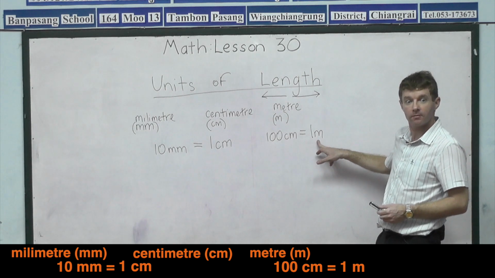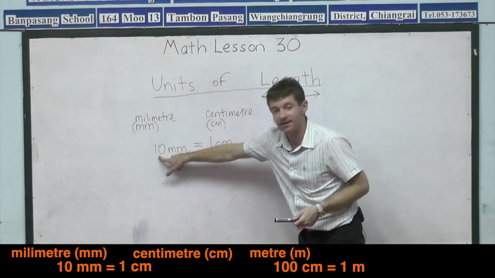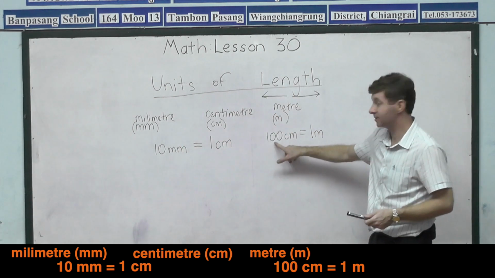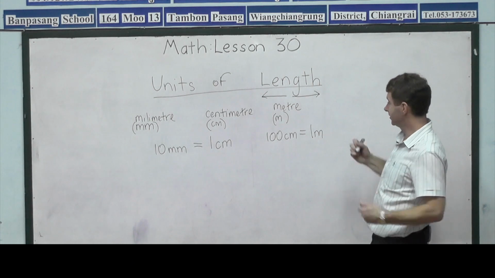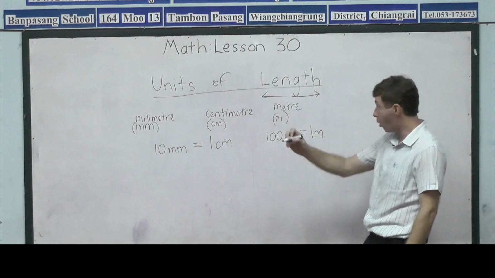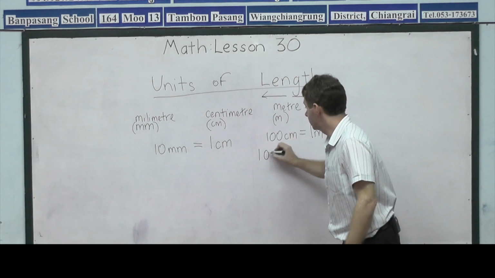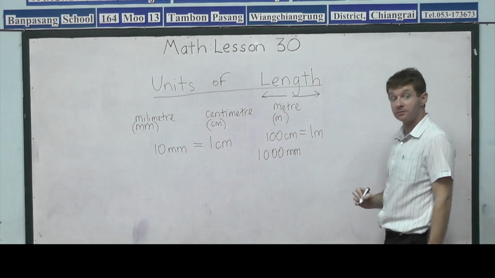What do we need to do? Excellent. We need to do 10 times 100. So 100 centimeters equals 1 meter, or 1,000 millimeters.